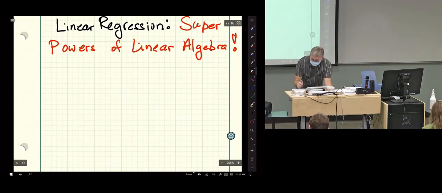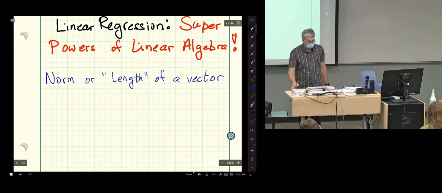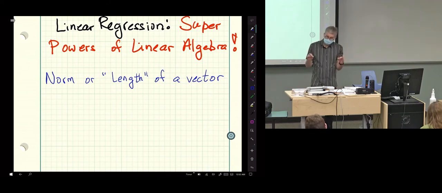So to attack this, we first have to look at what is the notion of length of a vector. So we call that norm, and it's a notion of length. And for us, we're really going to use it by looking at an error, A times x minus b.